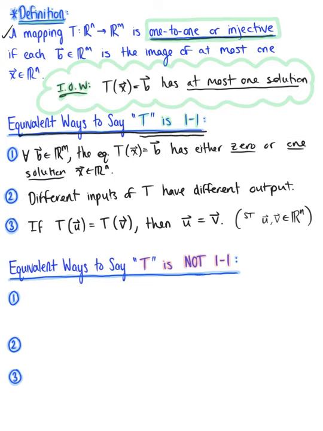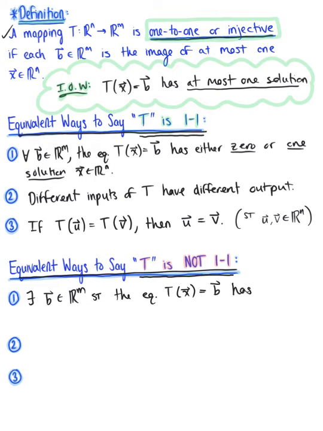So what about some equivalent ways to say that a transformation is not a one-to-one mapping, or is not an injective mapping? Well, we could say that there exists a vector b in the codomain, Rm, such that the equation defined as the image of vector x under the action of T equals vector b has more than one solution.